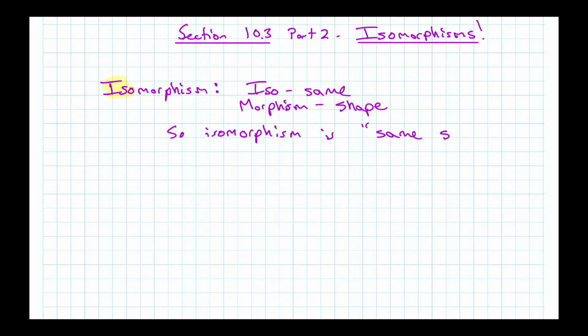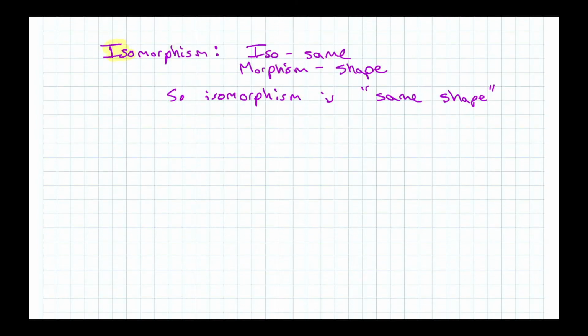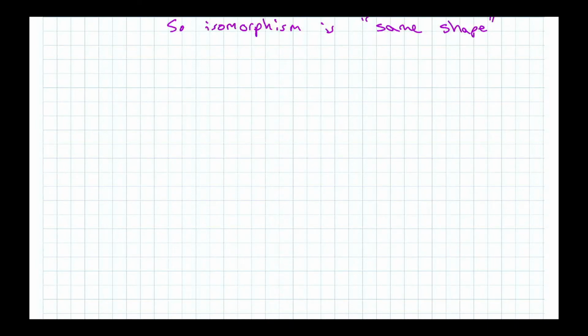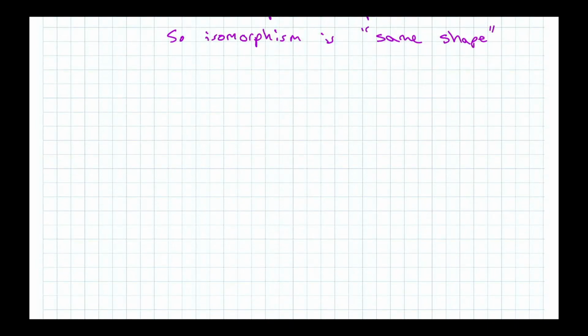What's that mean? Well, what it means is that two graphs are going to be basically the same. There is going to be a specific definition, but the idea is this. When we say same shape, what we mean is basically they're the same graph that you drew two different ways.